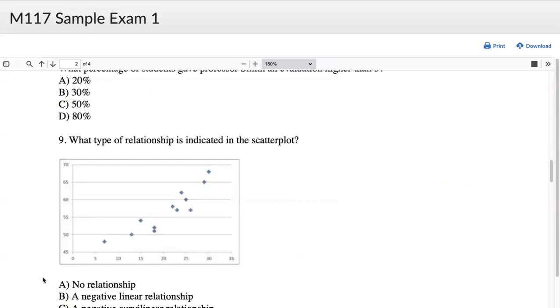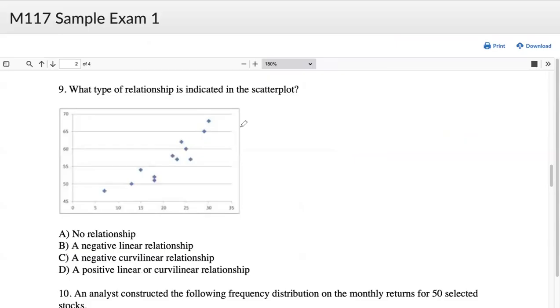Well, 9 is a scatter plot. We see this, okay, let's see, because we could draw here. I was a little bit off. Could draw a line of best fit somewhere. Right? It's like a positive linear relationship. The first one, no relationship, no. Negative linear relationship, no. Negative goes this way.